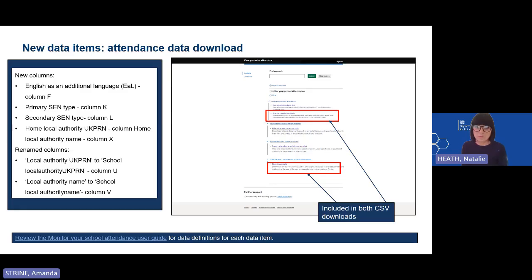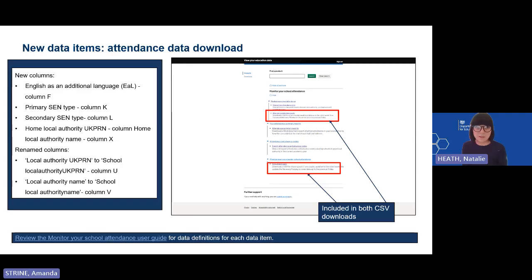We're also naming the home local authority, so that's clear within both of your files, and will hopefully help if you're combining data sets, just to be clear which is their home and who's responsible for the school.